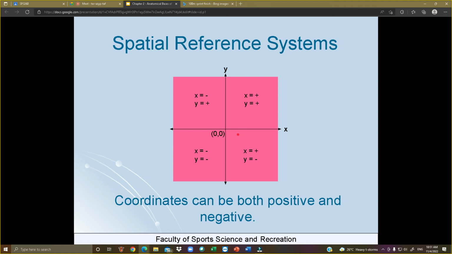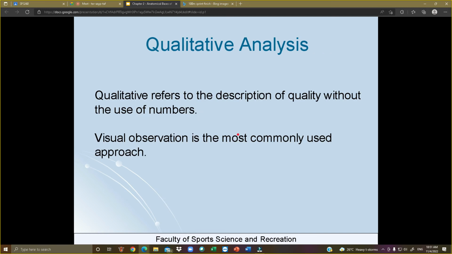So in Cartesian coordinate, if X is negative, it moves backwards. If Y is negative, it moves downwards. If X is positive, it moves forward. If Y is positive, it moves upwards. That is the meaning for Cartesian coordinate.